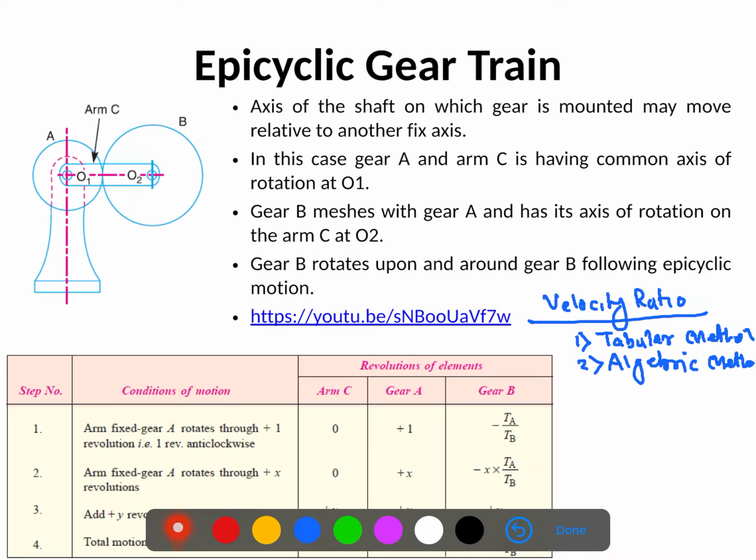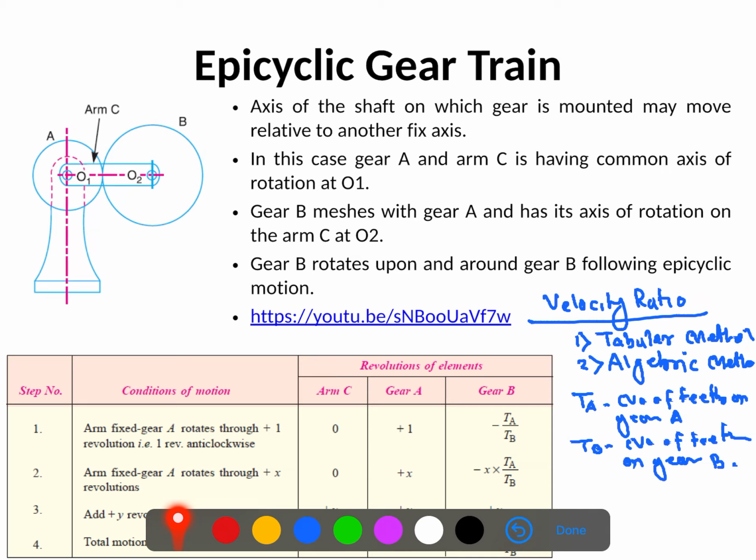In this tabular method, suppose we consider, let TA be the number of teeth on gear A, while TB is the number of teeth on gear B. Now in the first situation, I will consider that the arm is fixed and gear A makes 1 revolution.